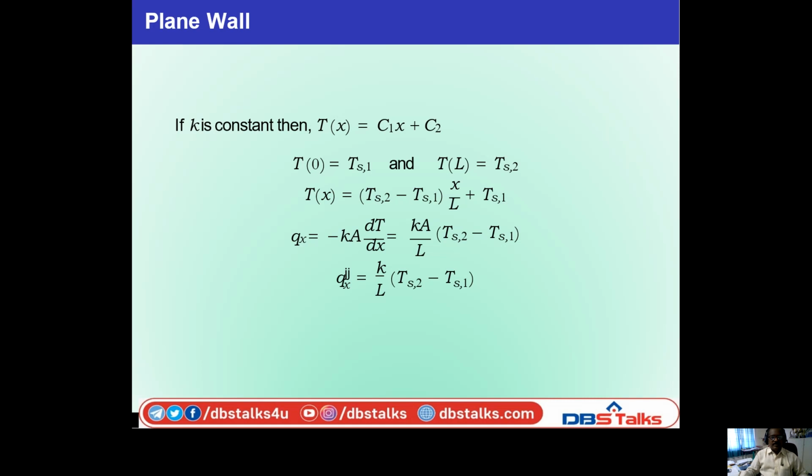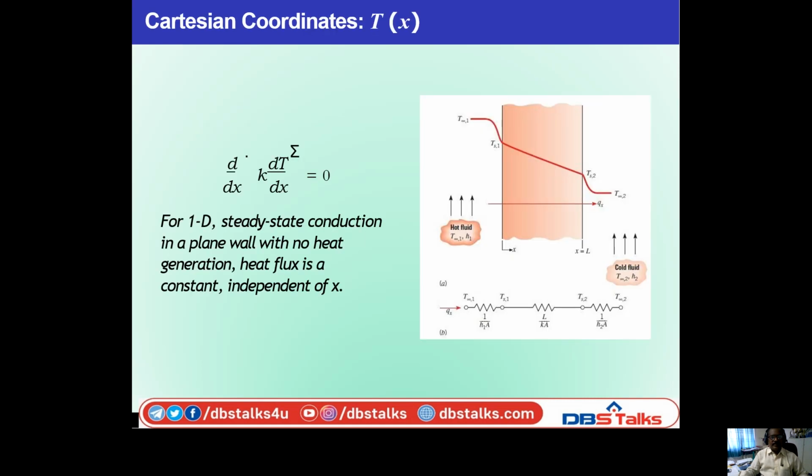To derive the temperature distribution equation, we integrate this differential equation. It is a second order differential equation, so you have to integrate twice. Whenever we integrate, we get constants.